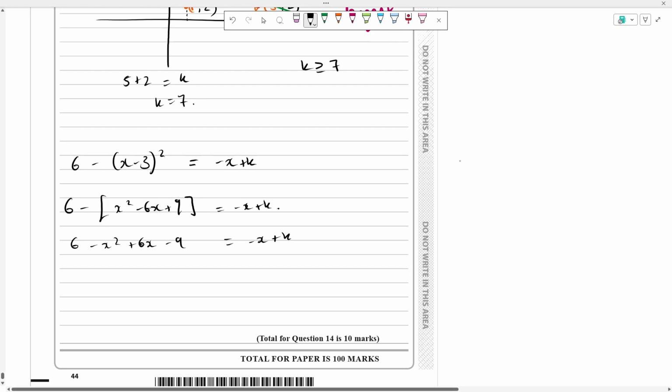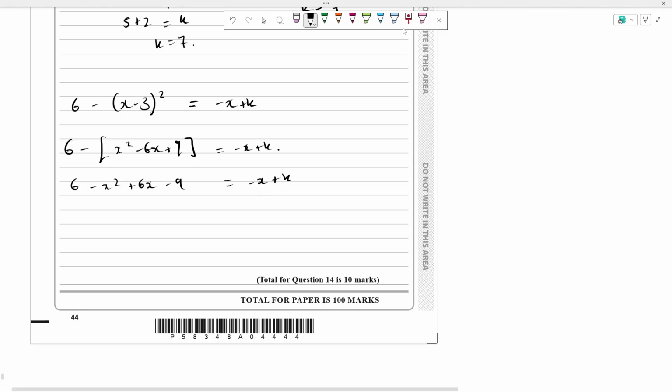I've just distributed the minus out. Let's make the x squared positive, so I'm just going to move everything to the right. x squared minus 6x, x squared minus 7x. 6 minus 9 is minus 3, so that becomes positive 3 on the right, plus k is equal to 0.